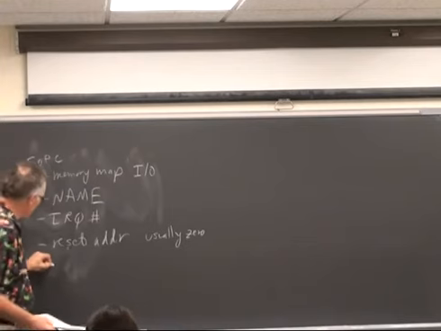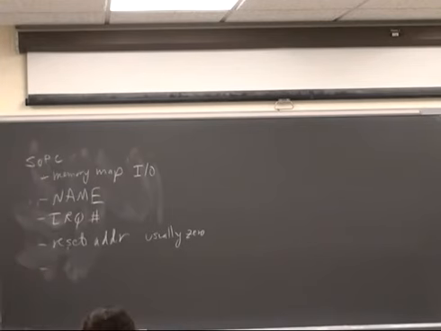And an exception address, the only time it's not 0 here is if you're defining multiple CPUs, which you can do. Then each CPU has to have a unique reset vector, and the value of the reset vector specifies the boundary of the memory associated with each CPU.